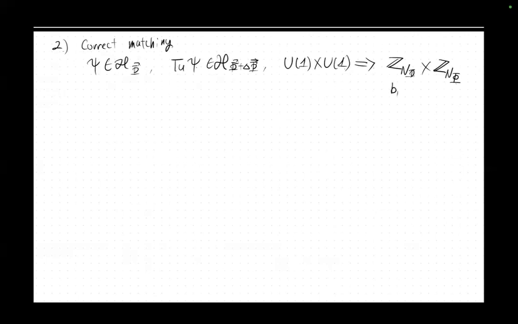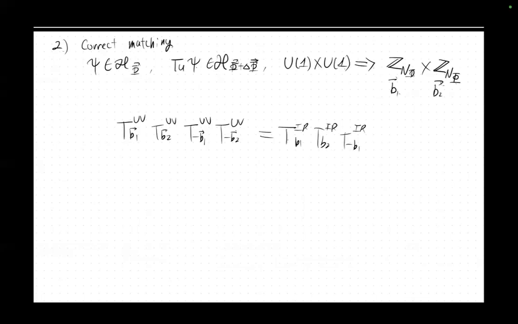Let me call the generators of that B1 and B2. Then the anomaly that needs to be matched is B1(UV), B2(UV), B1(UV) inverse, B2(UV) inverse, equals B1(IR), B2(IR), B1(IR) inverse, B2(IR) inverse.